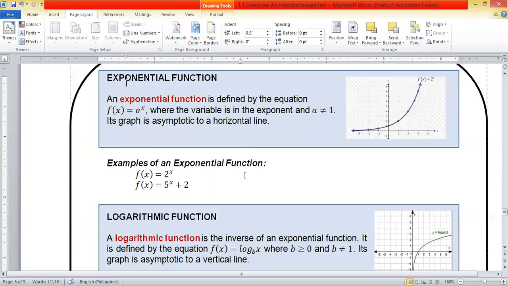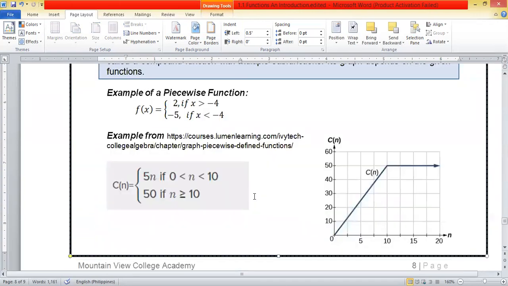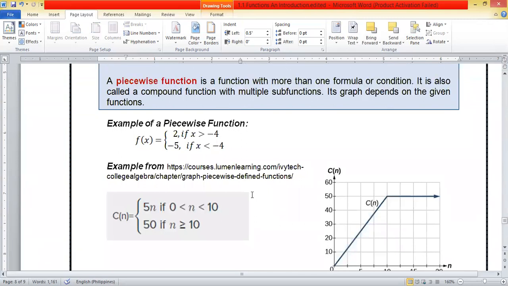What if the value of your x is negative 10? What's the value of y? Here, negative 10 is less than negative 4. So we take this condition. Thus, the value of y is negative 5.